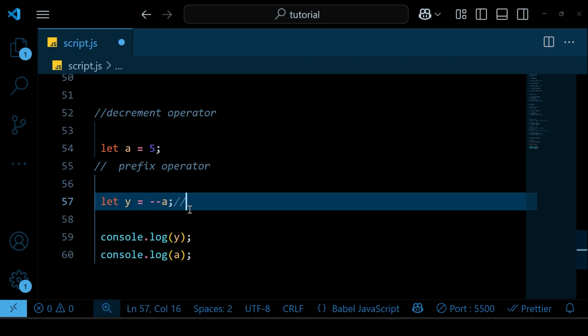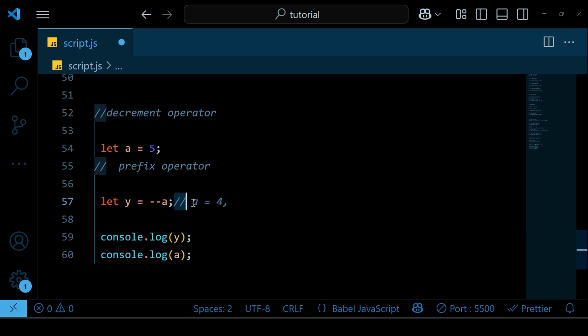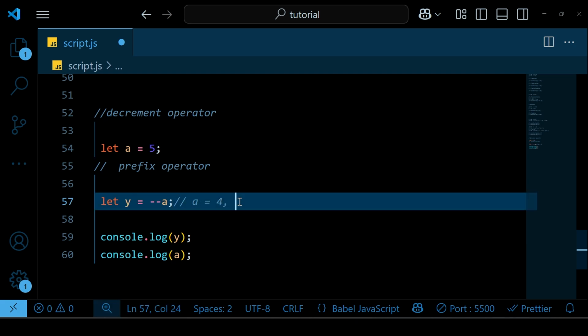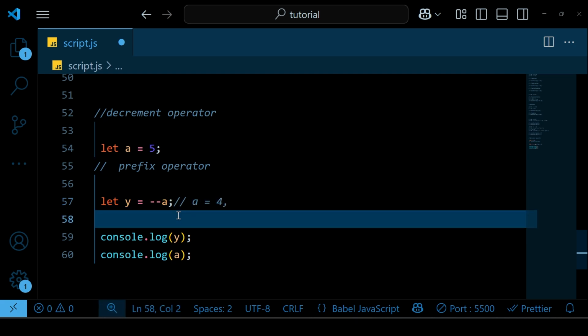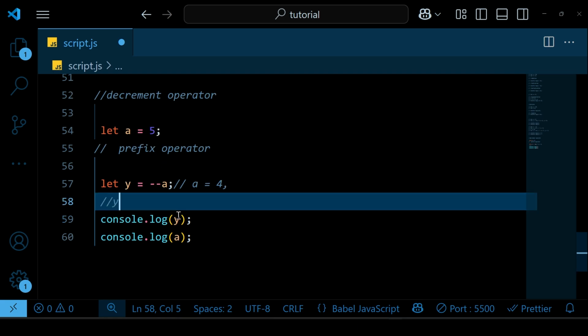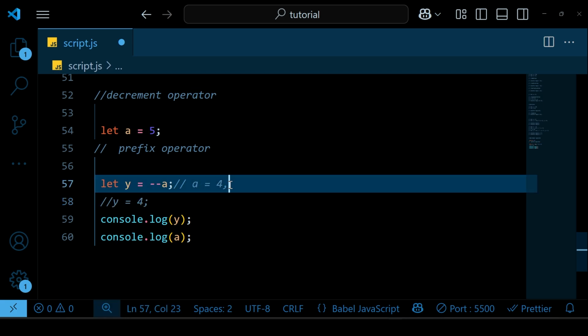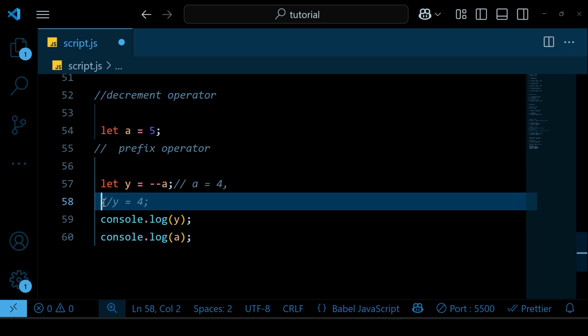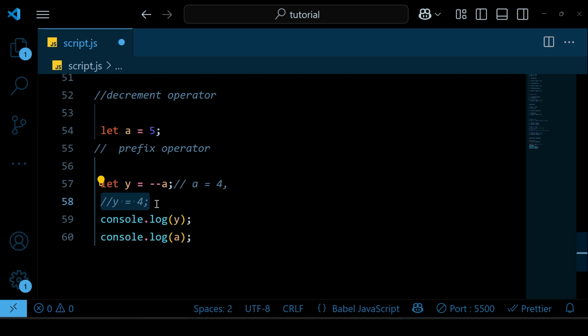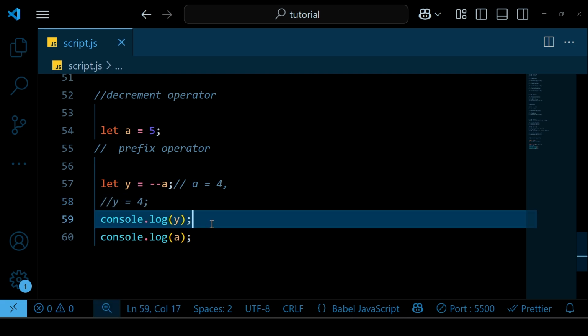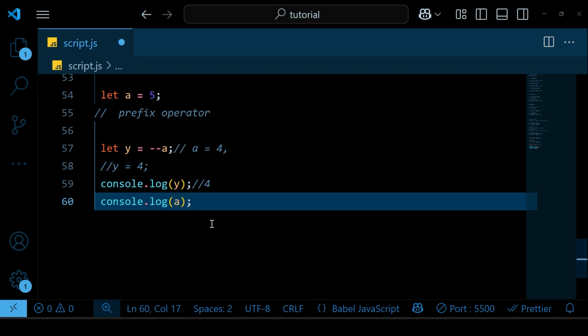As we have decrement, first we decrement this by 1, so a would be simply 4. The next step is to use the value, so y would be simply 4. The output should be simply 4 for both.